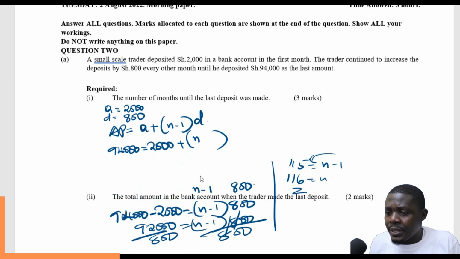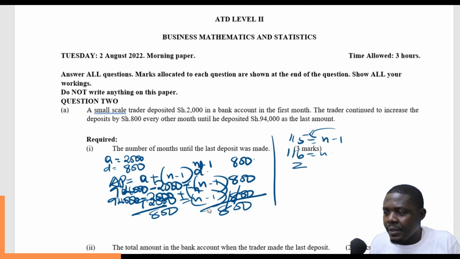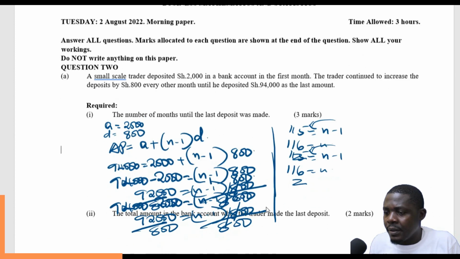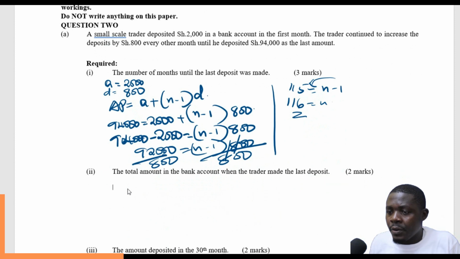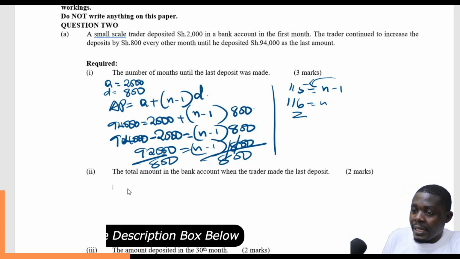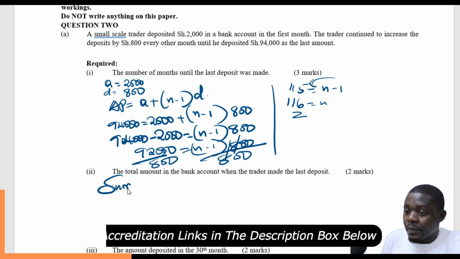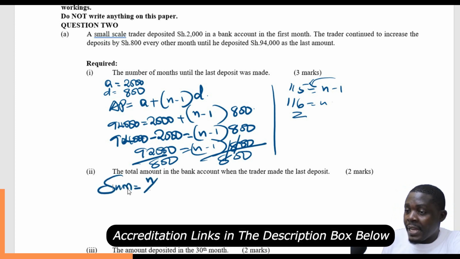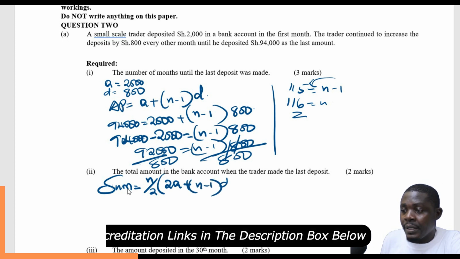Then part (b)(ii), the total amount in the bank when the trader made the last deposit. The sum is given as N over 2 into (2A plus (N minus 1) D).